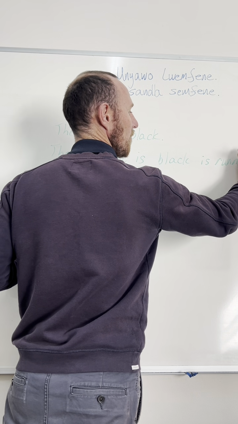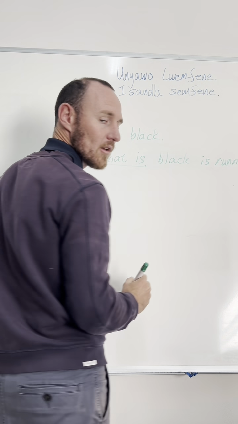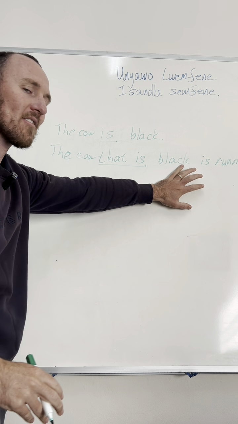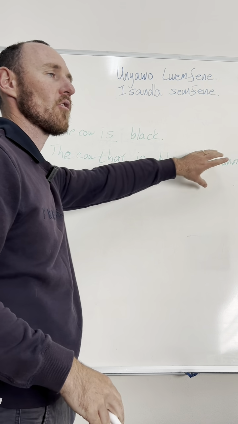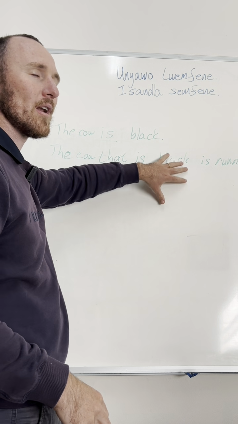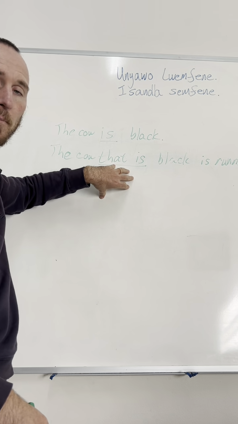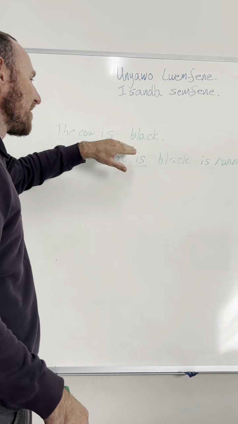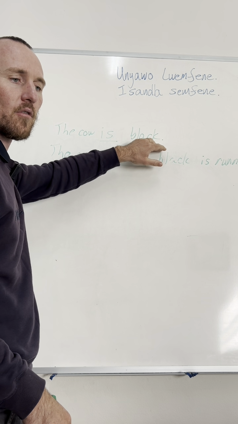You may not be able to see this part of the sentence, but it's not particularly important at this point. The cow that is black is running. Do you see that after the adjective, the sentence continues still relative or relevant to the subject? Over here, in the short form, there's a full stop after the adjective.